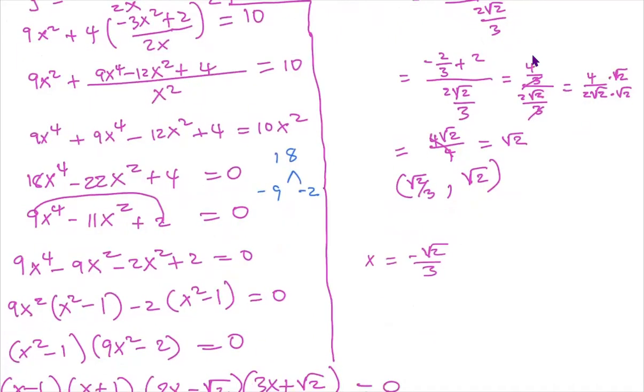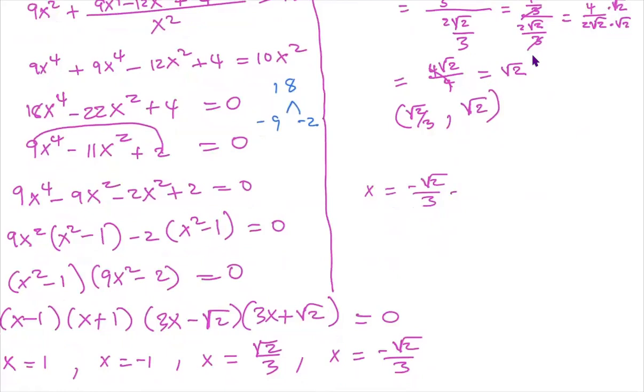And then the last point, I'm going to leave you with the work. I'm going to go with the first step and then you finish it. That's y equals negative square root of 2 over 3, that's 3 on the outside squared, and then plus 2 over 2 times square root of 2/3. Finish it.